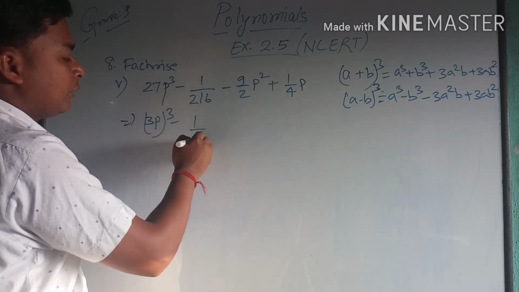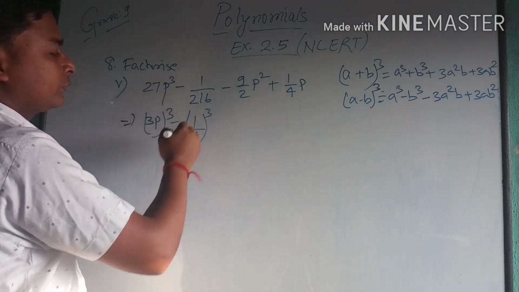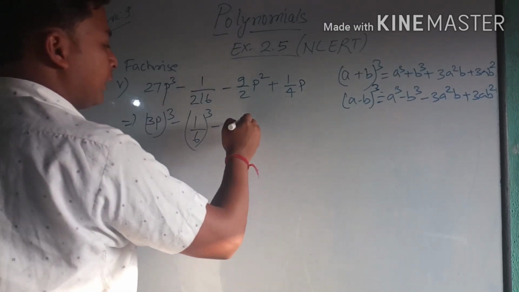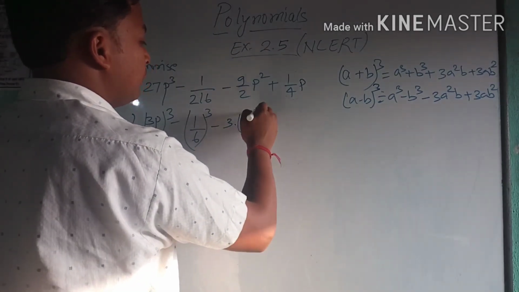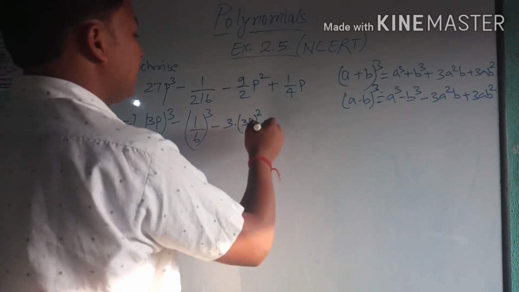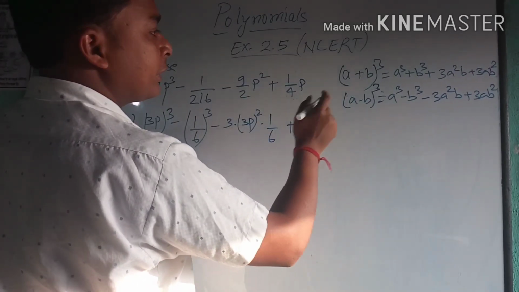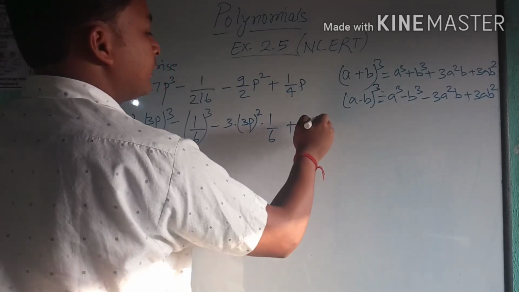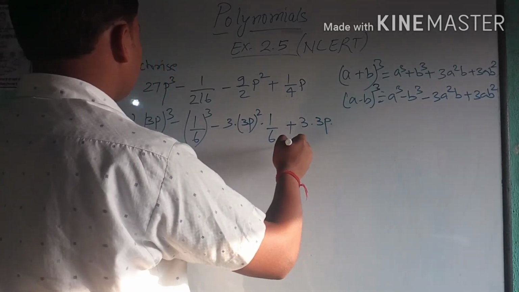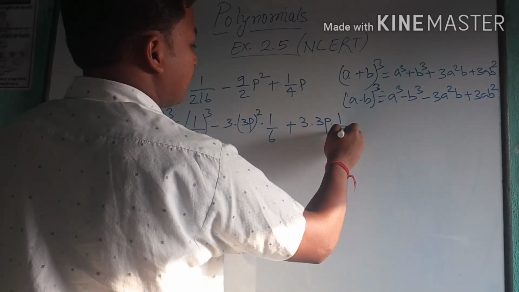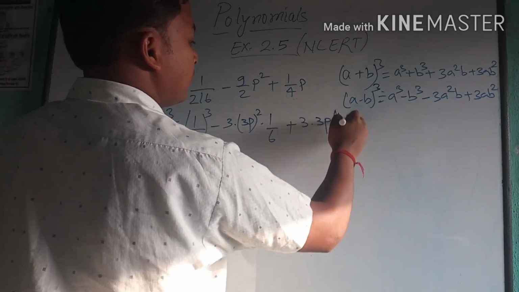this can be written as 1 by 6 whole cube minus 3 into a square, 3p whole square into b term, which is 1 by 6, and last is your 3ab square, 3 into a is 3p into b square, 1 upon 6 whole square.